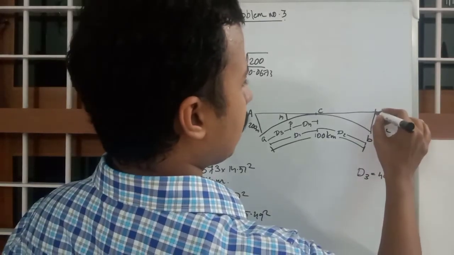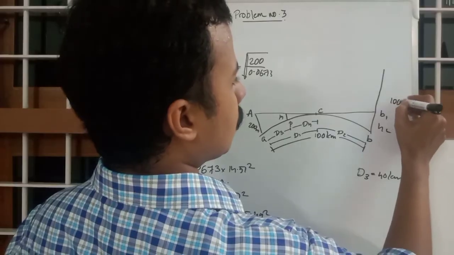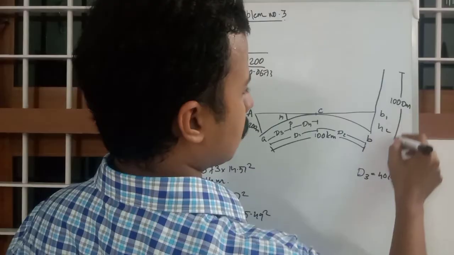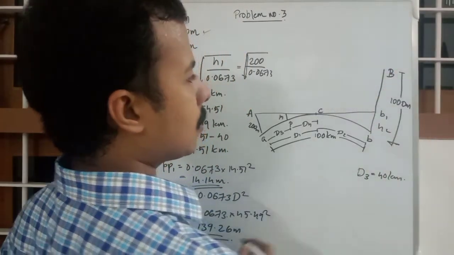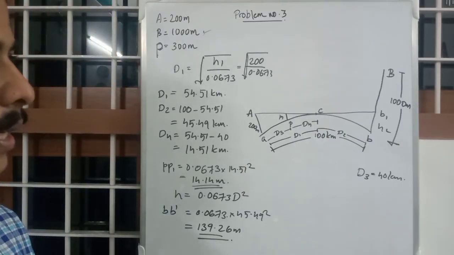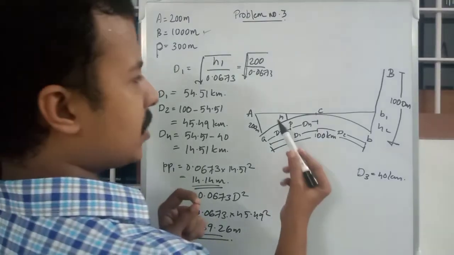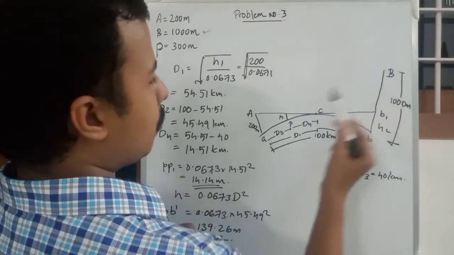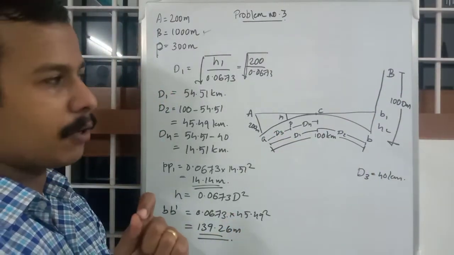So actual B will be spotted like this, 1000 meters, and this is taken as capital B. To check whether actual A and actual B are visible or not, listen carefully.